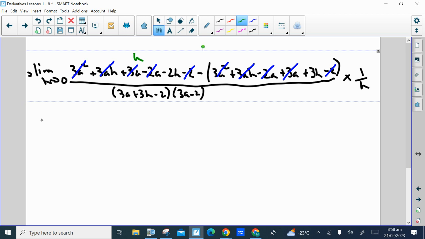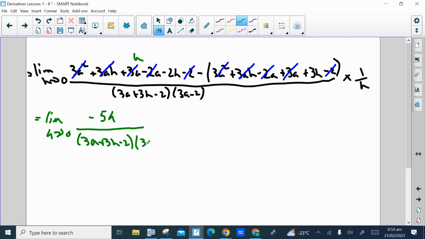Almost all of them. If we write out what we have left, we have the limit as h approaches 0. All we have left on top is negative 2h, and this will become a negative 3h. That becomes negative 5h, all over 3a plus 3h minus 2, bracket, 3a minus 2.